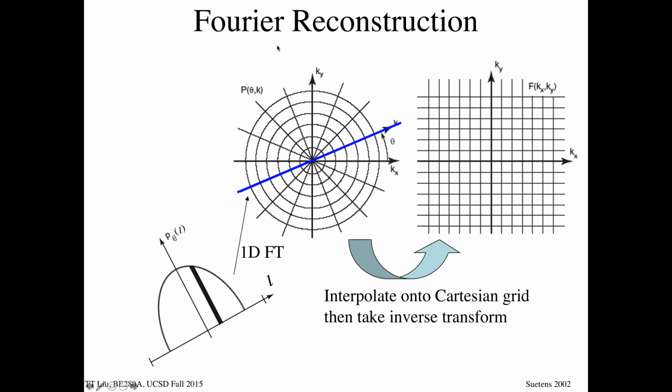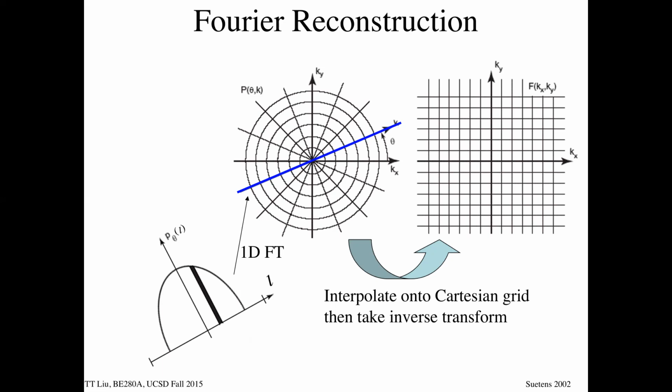That's my raw data. We now know we can map that raw data into Fourier space because of this projection slice theorem. Here's one of those projections, g_l(theta). I take the 1D Fourier transform of it, and I get a sample through the Fourier transform of my image.